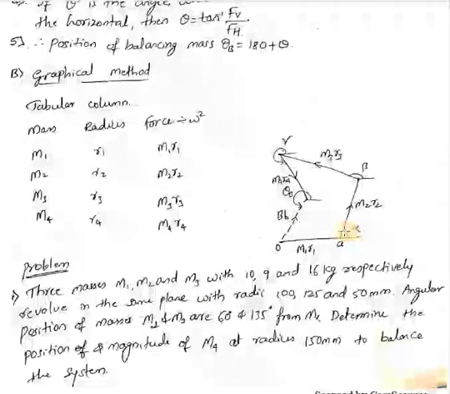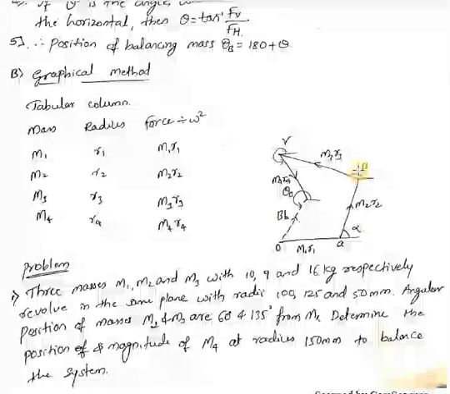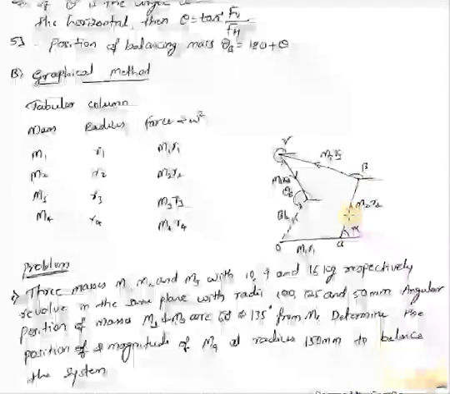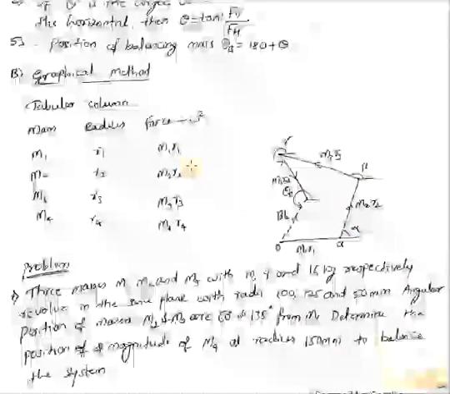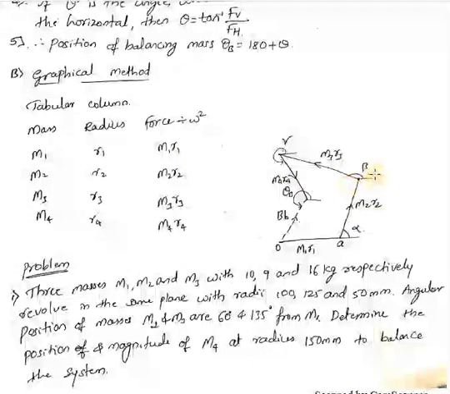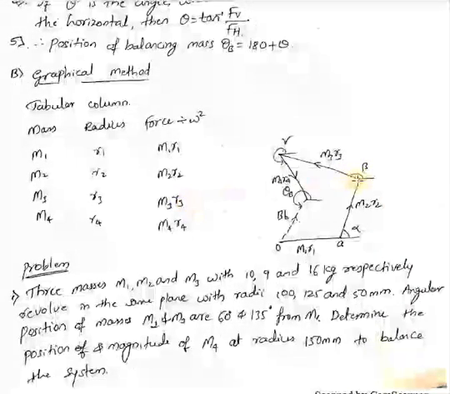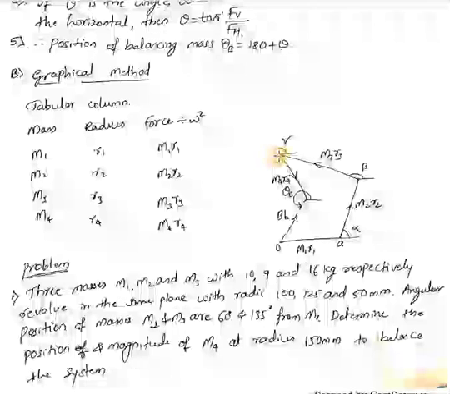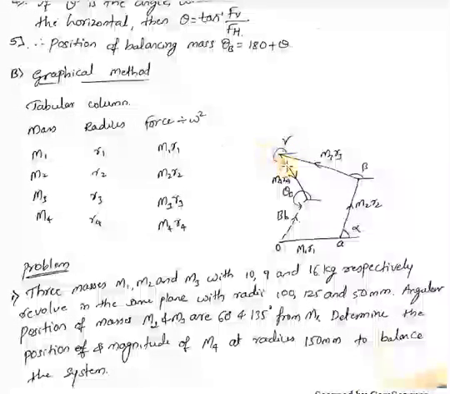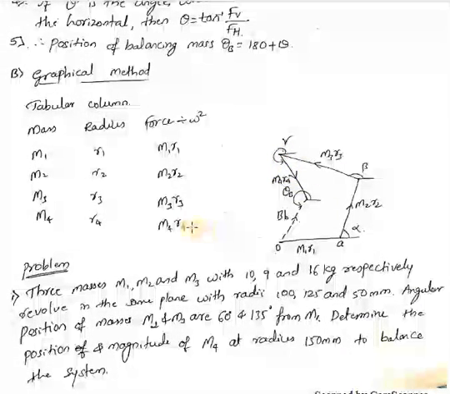Then by taking alpha as the angle, draw A to B, and the magnitude of this line should be the second one, m2 r2. Then take beta from the horizontal line, and the magnitude should be equal to m3 r3. Similarly, take gamma as the angle, and the magnitude should be equal to m4 r4. It will end here.